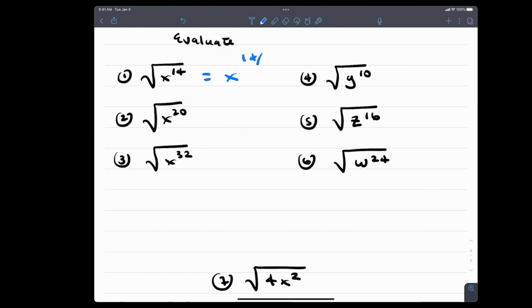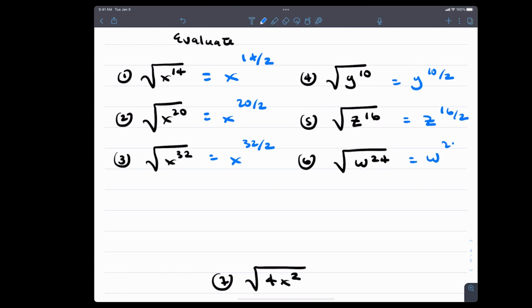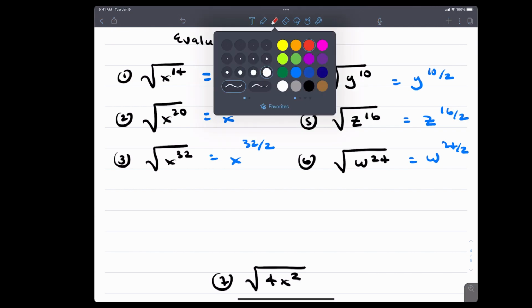14 divided by what number? 2. You guys okay with that? 20 divided by 2. 32 divided by 2. Is that 10 divided by 2? What do you guys think? 16 divided by 2. Is that 24? So let's really focus on this.